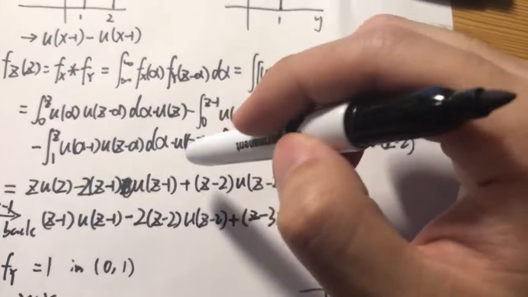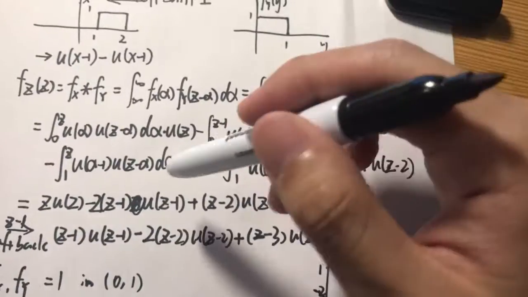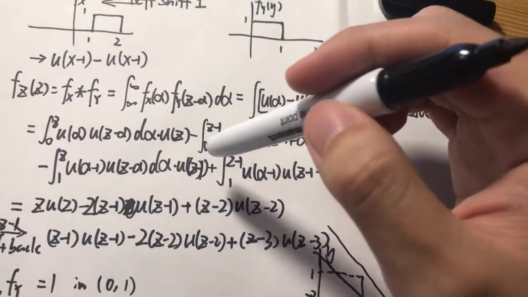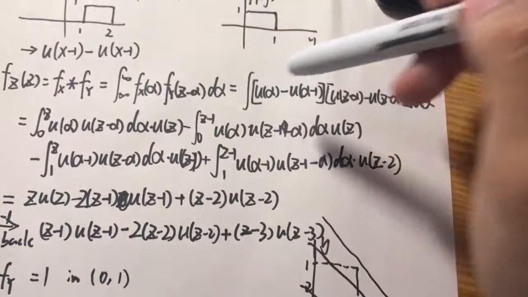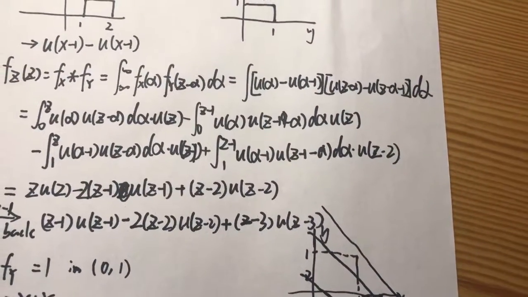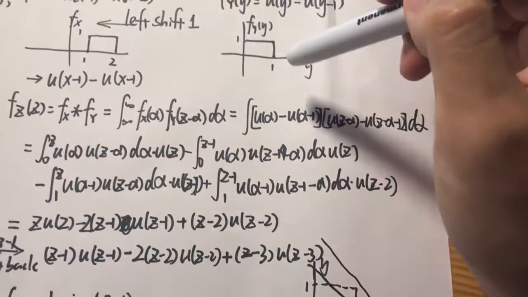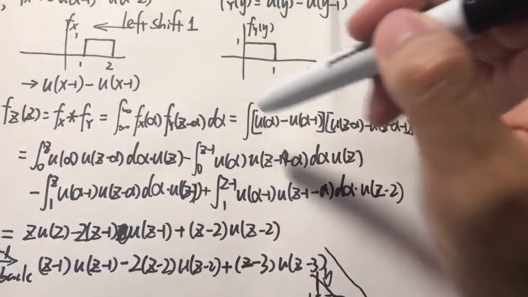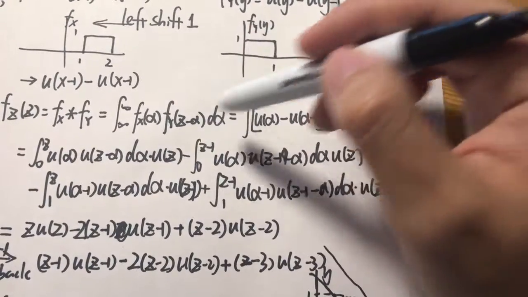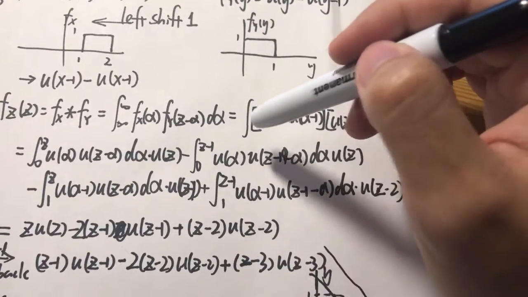We know that the density function of X and Y is 1 in the interval from 0 to 1.